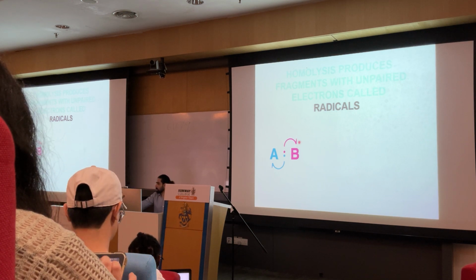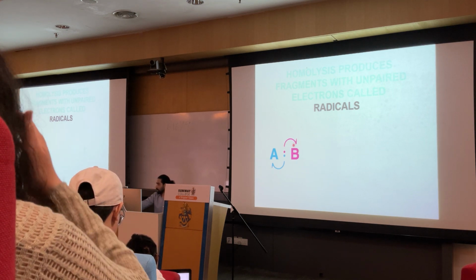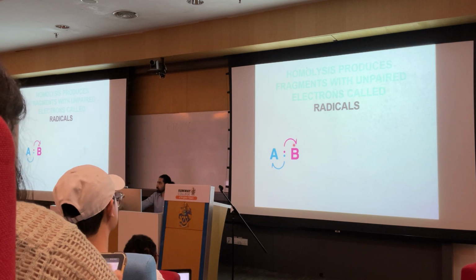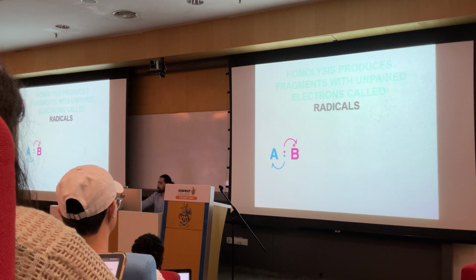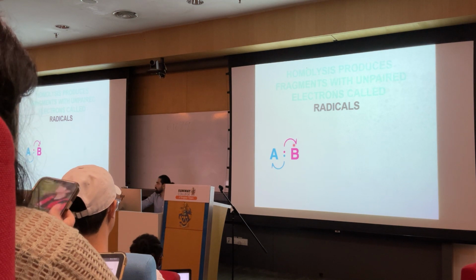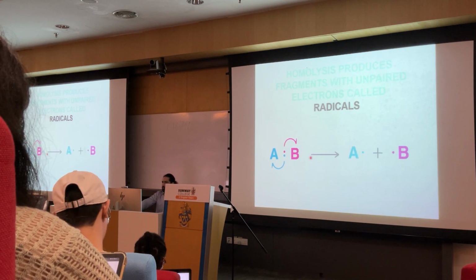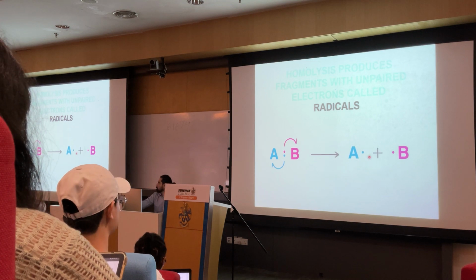We are not making the regular two-sided head of the arrow. So keep this in mind. When you are drawing a mechanism with a free radical reaction, you'll have to use fishhook arrows. And we get two free radicals.